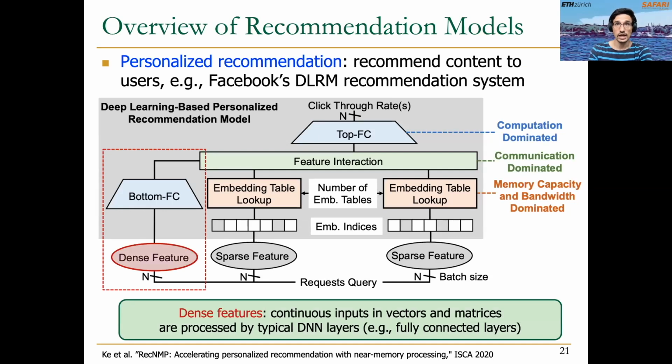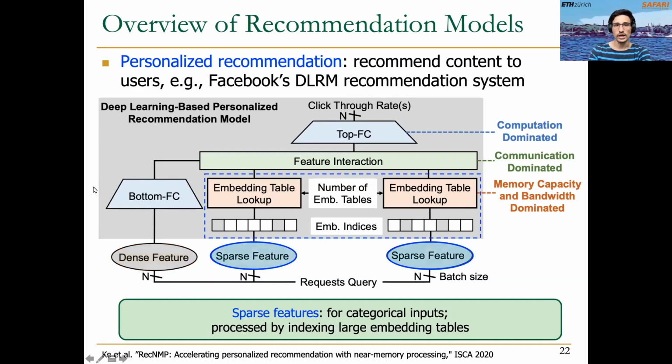Here we see the dense features, these continuous inputs that are typically processed by DNN layers, like for example multi-layer perceptron, fully connected layers, and according to the analysis in previous papers, this is a computation-dominated, compute-bound step, while the sparse features, or categorical inputs, are processed by indexing large embedding tables.